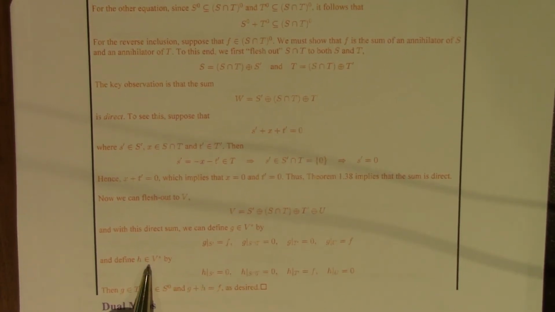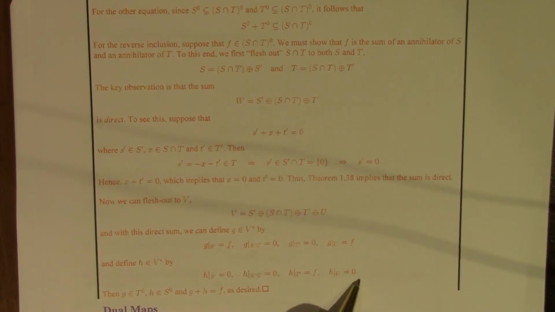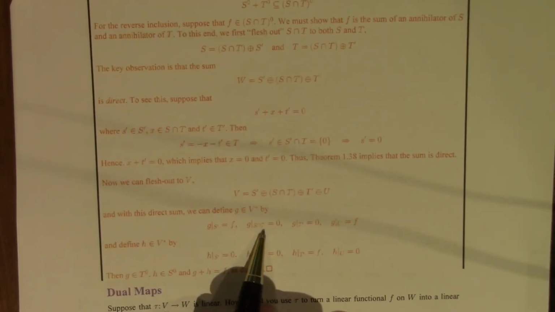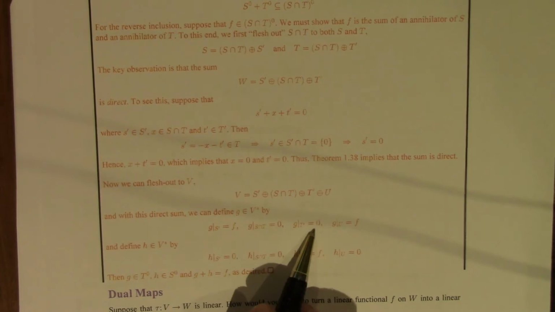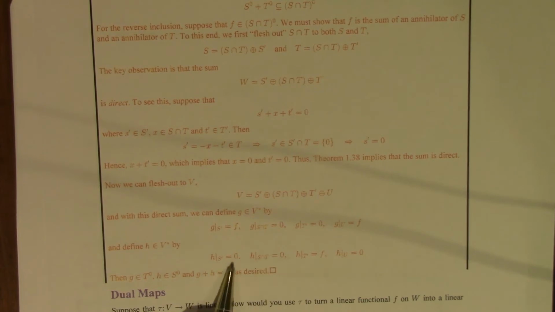And we can define another map, H, another linear functional, sending S prime to 0, the intersection to 0, on T it acts the same as F, and on U it's 0. And so G annihilates T, so it's in T naught.